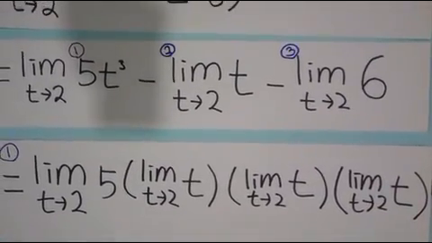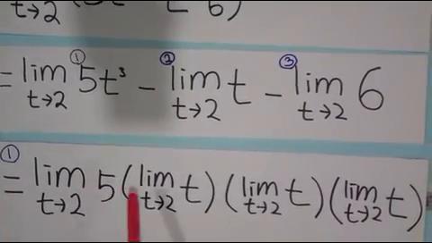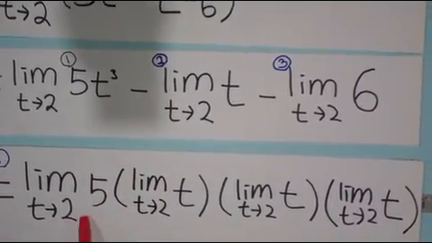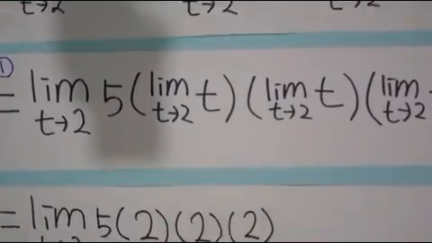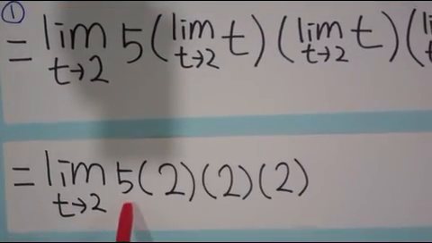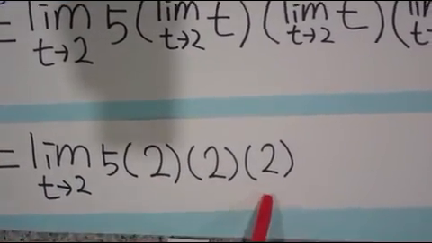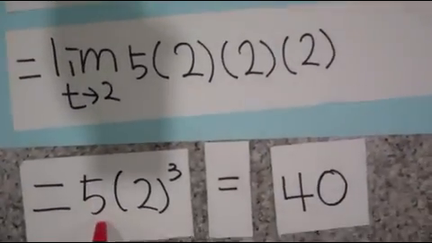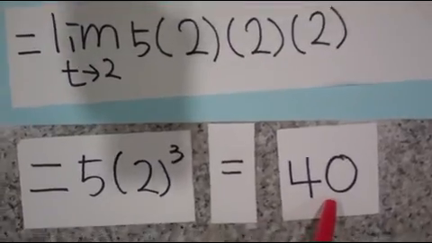By using the constant multiple law, the 5, which is the constant, is moved out from the limit. After these processes, simple substitution will give you the answer: 5 times 2 times 2 times 2, which is 5 times 2 cubed, which equals 40.